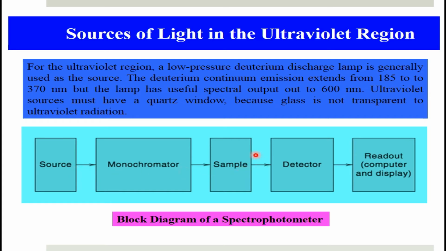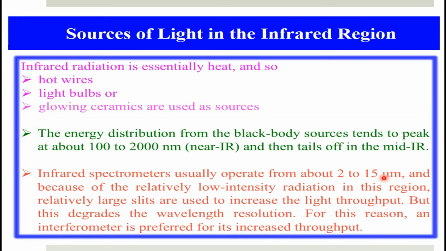This monochromatic light then passes through the sample. The sample will absorb some amount of the radiation and some will be transmitted. The radiation will be detected by a suitable detector depending upon the wavelength range we study, and then the detector will send signals to a readout device, which will be displayed on a computer.